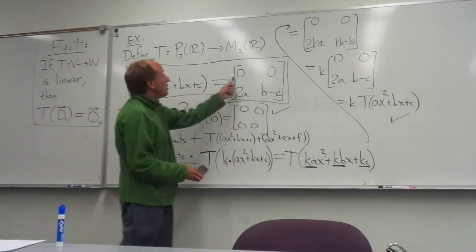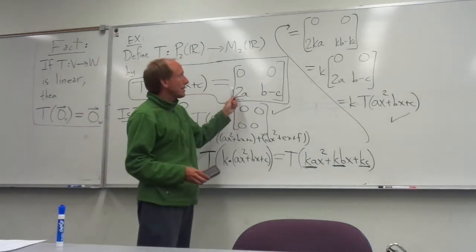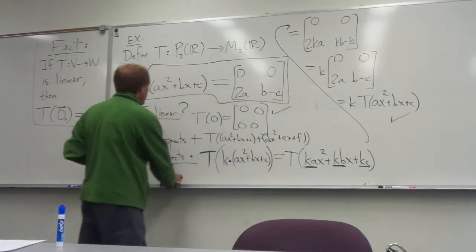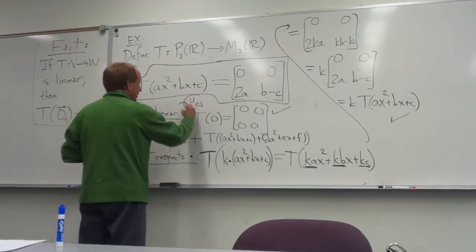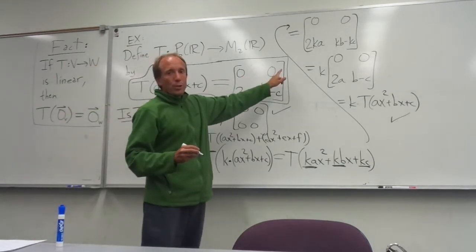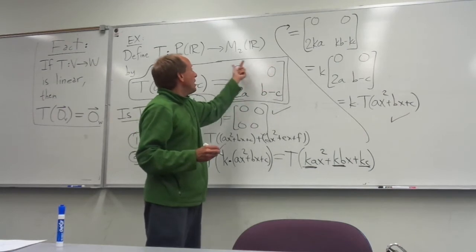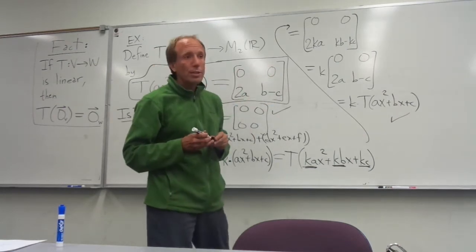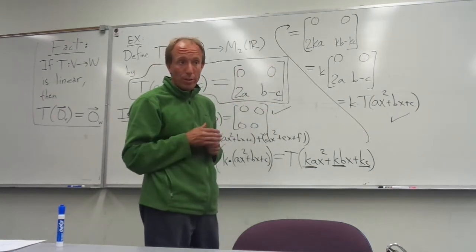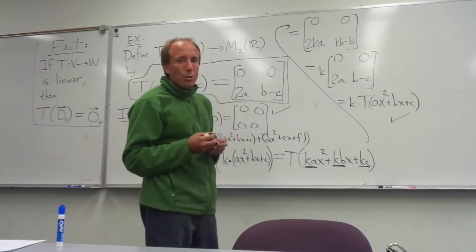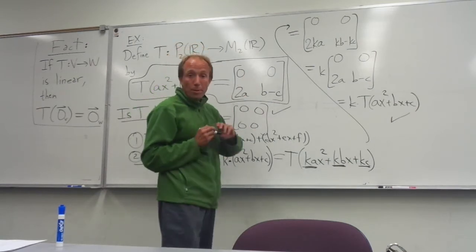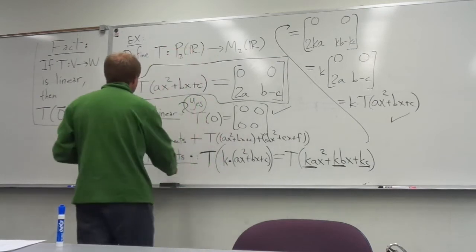So this matrix does work as an output to a linear transformation. Turns out that this does work if I put 0 and 0 here. But as soon as I have an entry in this matrix that's not 0, a number associated with it other than 0, you usually have some problem. It's usually going to be a problem.